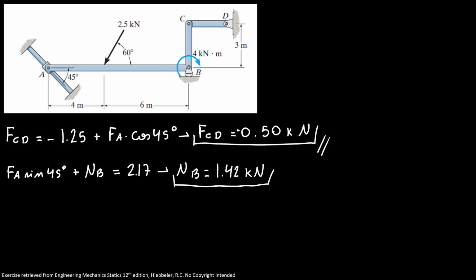So here we found that our reaction at A is pointing here because it's positive. Our reaction at B is pointing here because it's positive. And since we found a negative sign, the correction that we have to make is that my link force is pointing to the left, opposite to the sign we assumed.